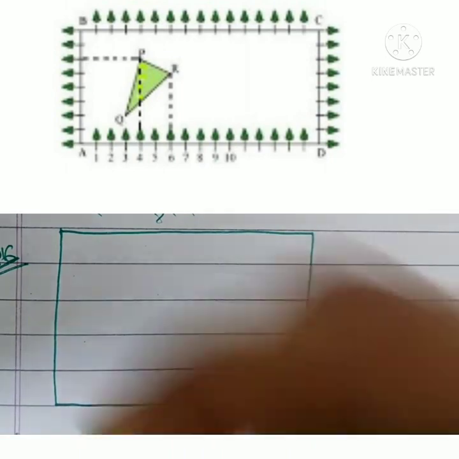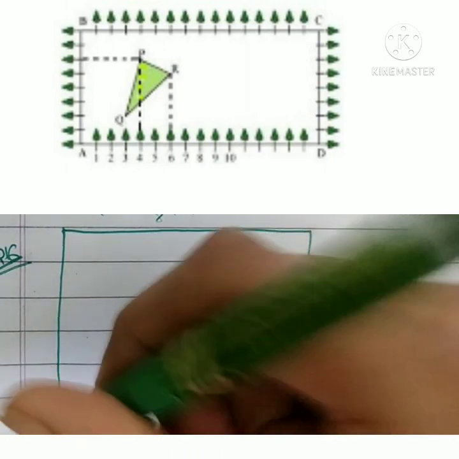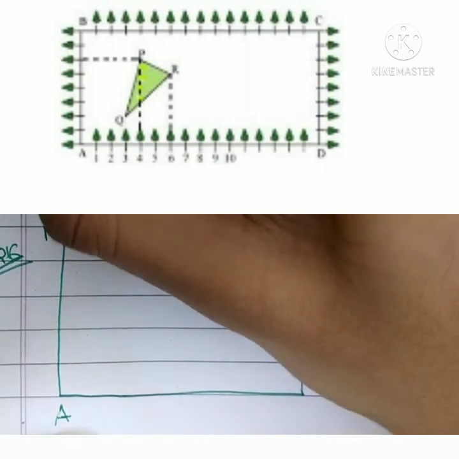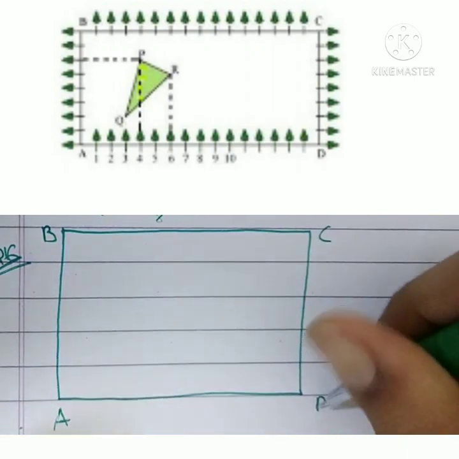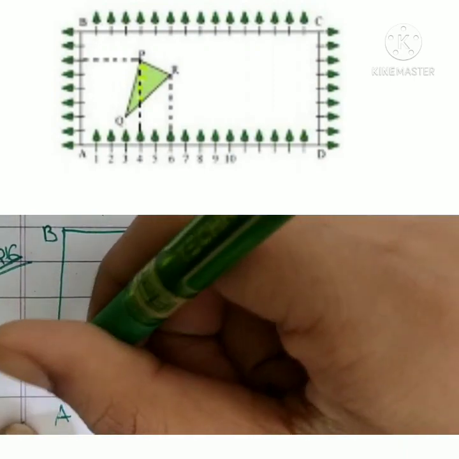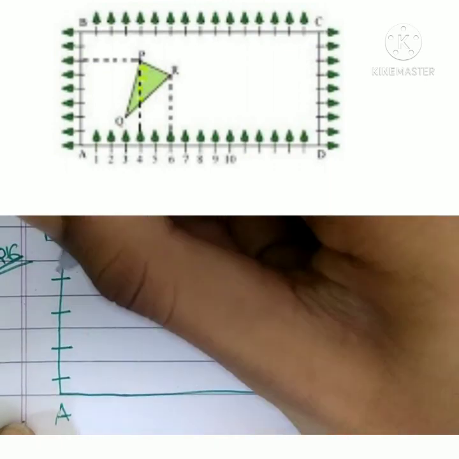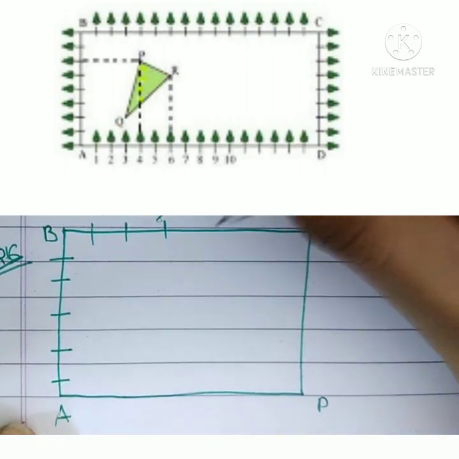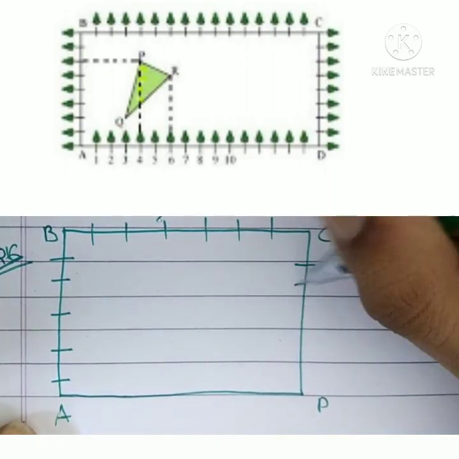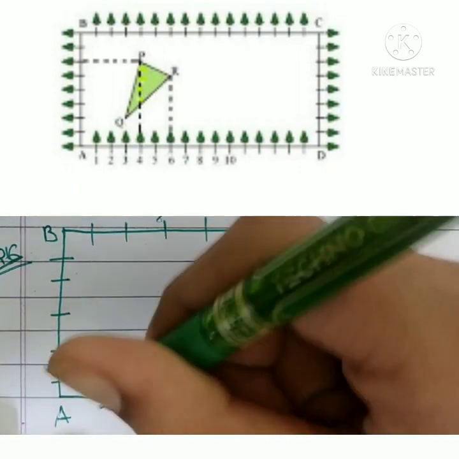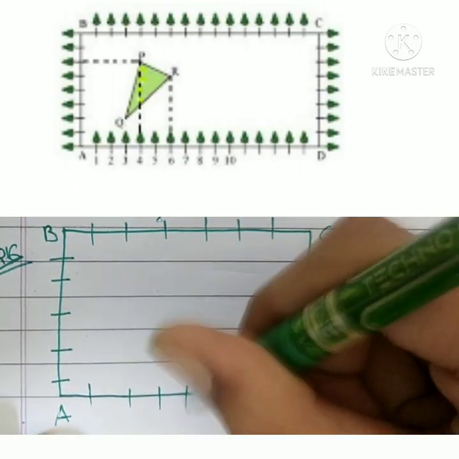So here it is points A, B, C, D. Next it says that some trees are planted by the students like this. I'm drawing very roughly, okay, so don't focus on my drawings.